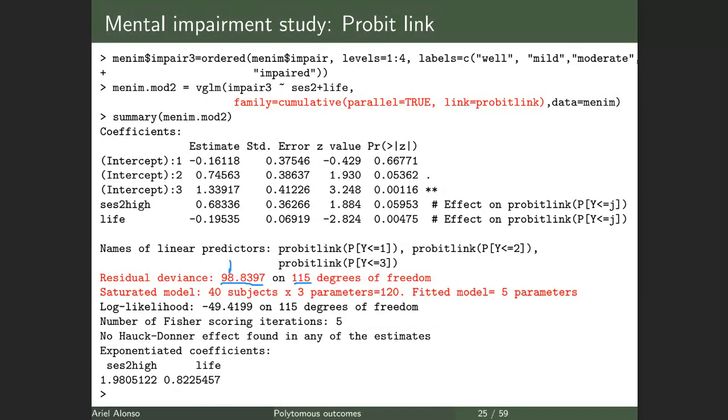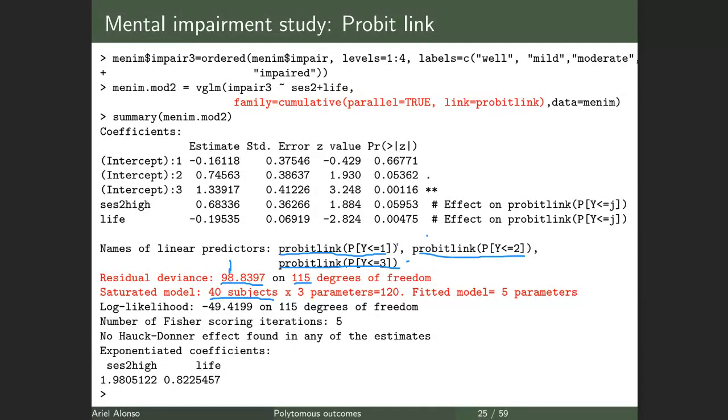Now, where do these degrees of freedom, 115, come from? Well, it is the difference in the number of parameters between the two models you are comparing. And which models are we comparing? We're comparing a saturated model. How many parameters does a saturated model have? Well, here we have 40 individuals, 40 subjects. For each subject, we have 3 probabilities, right? A saturated model gives a different parameter to each of these probabilities, right? It fits the data perfectly. So we have 40 subjects, and for each subject we have 3 parameters.